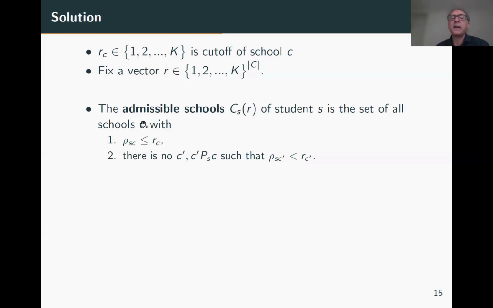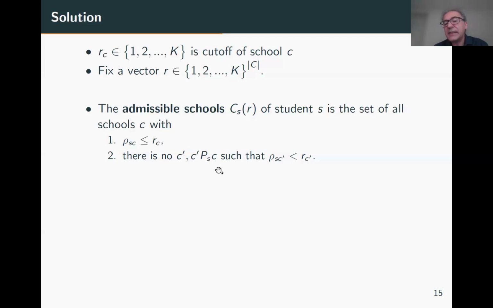Which means if the student applies to school C, she has a chance to get in. Actually, if her priority is strictly less than the cutoff, she would get in for sure, right? But that is not enough. I need to make sure that she does not have a better school, a school that she prefers, and she has priority strictly less than that school's cutoff.